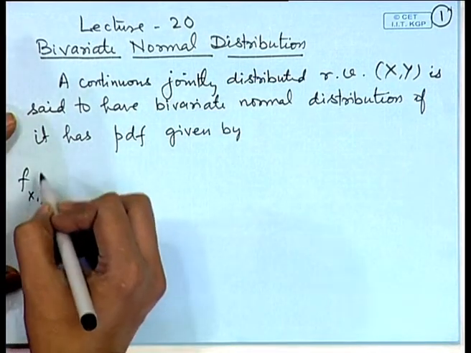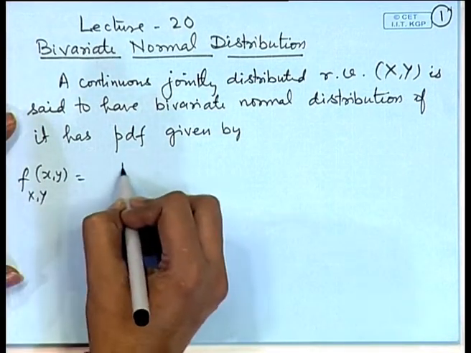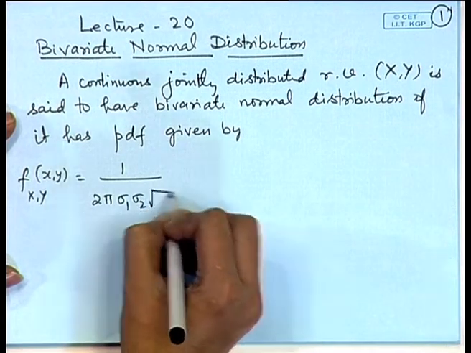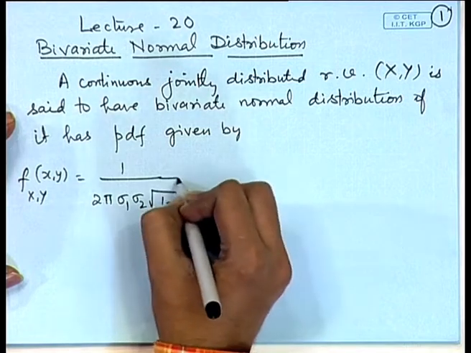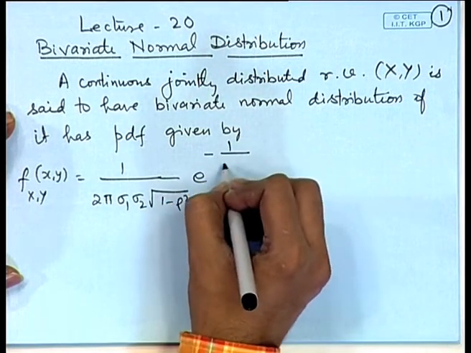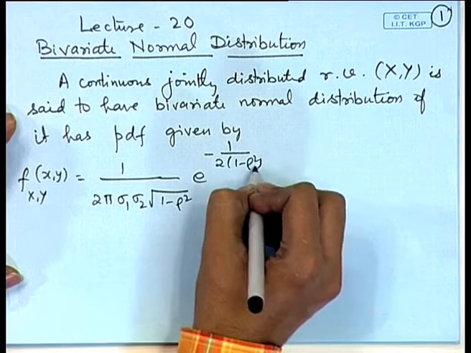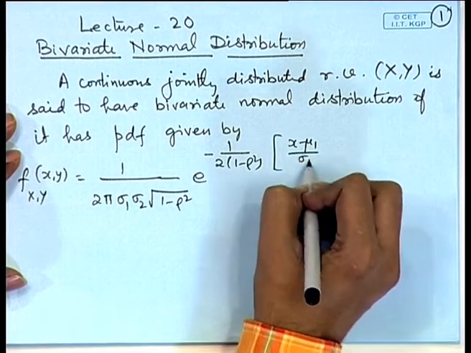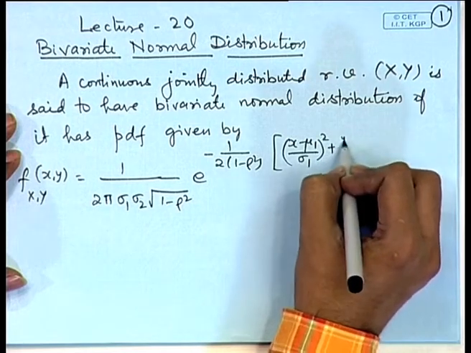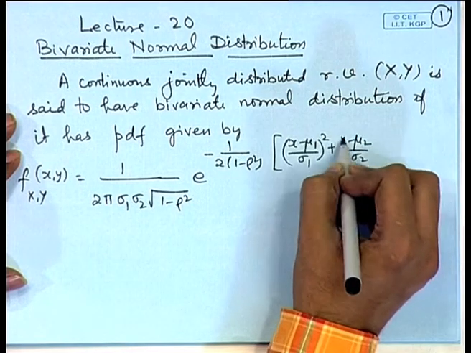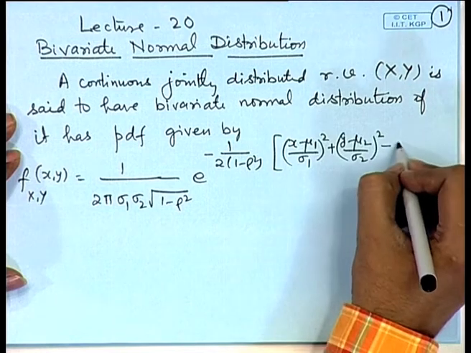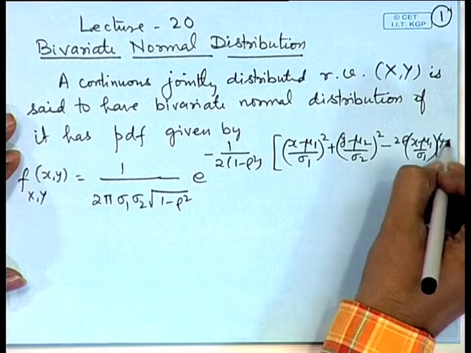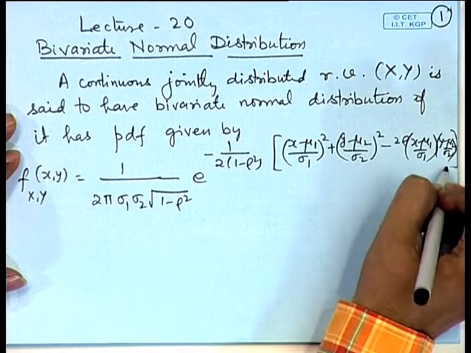f(x, y) equal to 1 by 2 pi sigma 1 sigma 2 root 1 minus rho square, e to the power minus 1 by 2 (1 minus rho square), into (x minus mu 1 by sigma 1) square plus (y minus mu 2 by sigma 2) square minus 2 rho (x minus mu 1 by sigma 1)(y minus mu 2 by sigma 2).